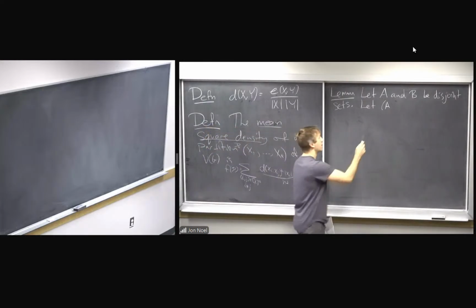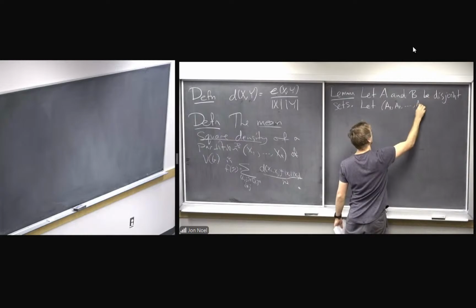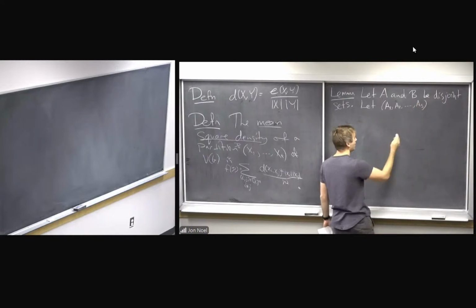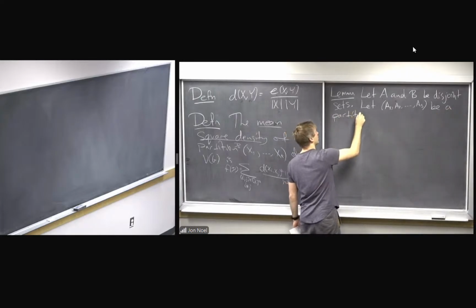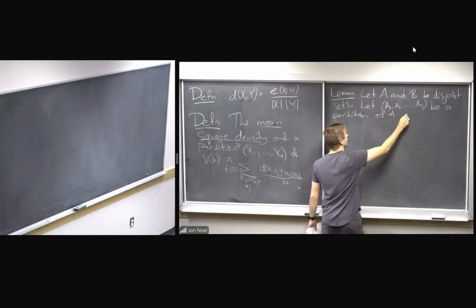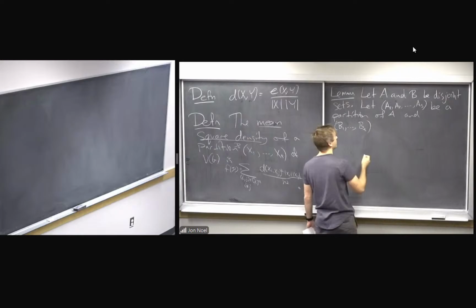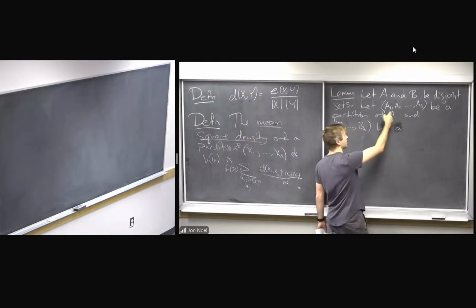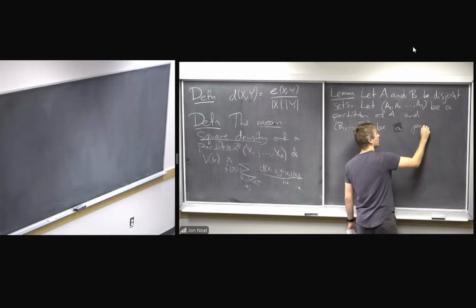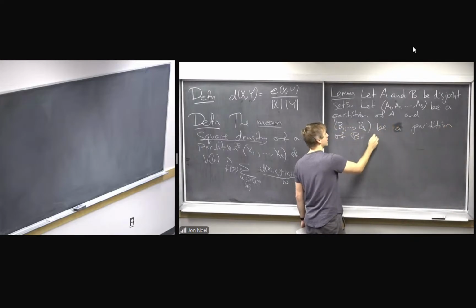So I'm going to take a partition A1, A2 up to AS of A, and B1 up to BT is a partition of B.